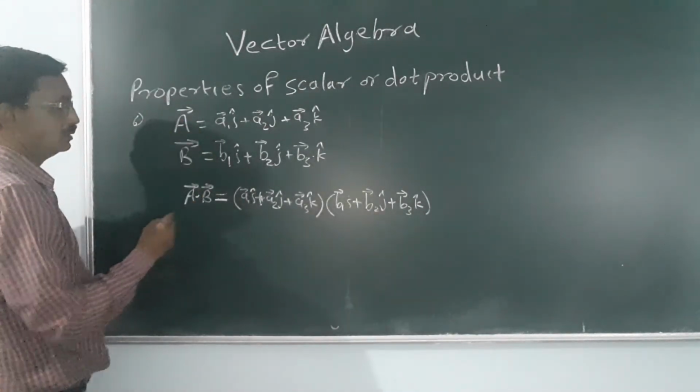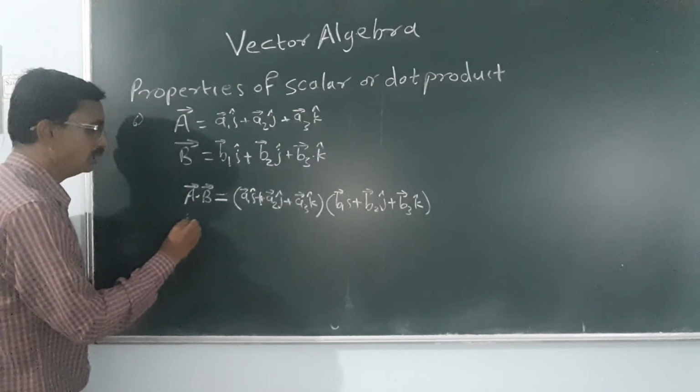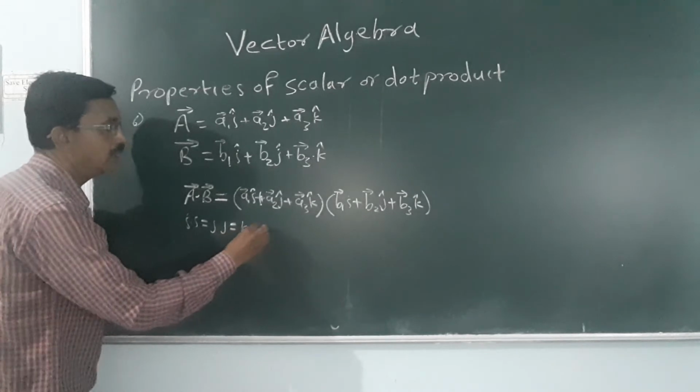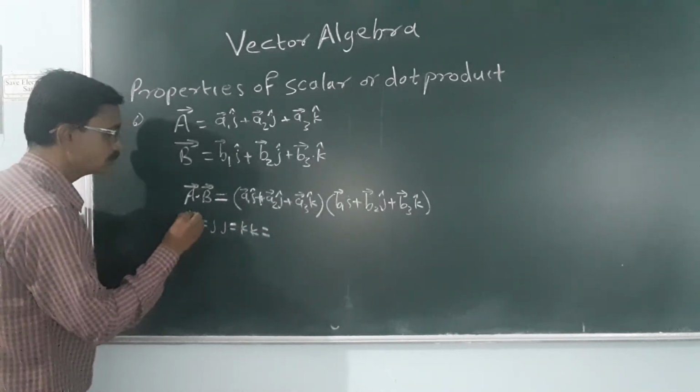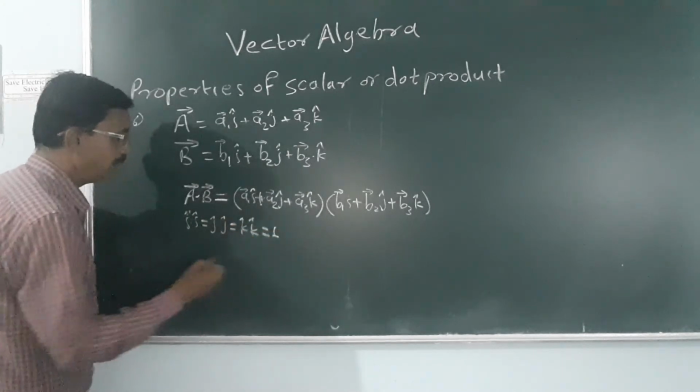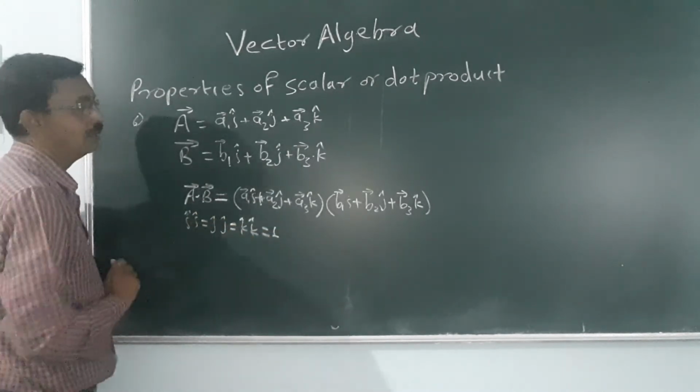Just as we have seen in the property, i dot i is equal to j dot j is equal to k dot k is equal to 1, and all the remaining become 0.